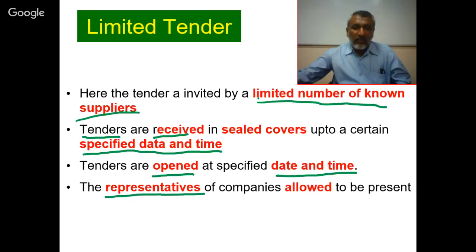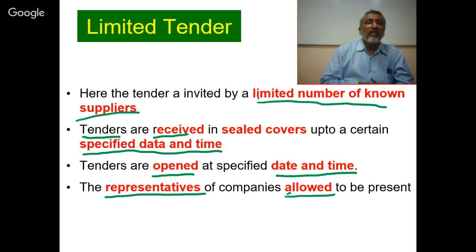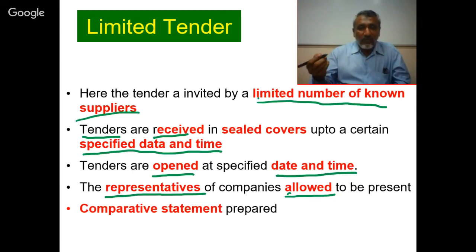The representatives of the companies are allowed to be present at the time of opening tenders. That is, whoever has given a tender is also allowed to be present at the time of opening, so that he is sure that the process followed is a transparent one.